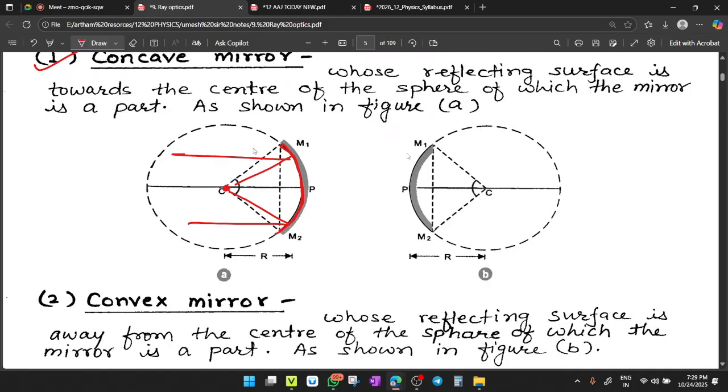This is the center of curvature. Now, one important thing here is the center of curvature. What is meant by center of curvature? The mirror that you have taken is the part of some sphere.